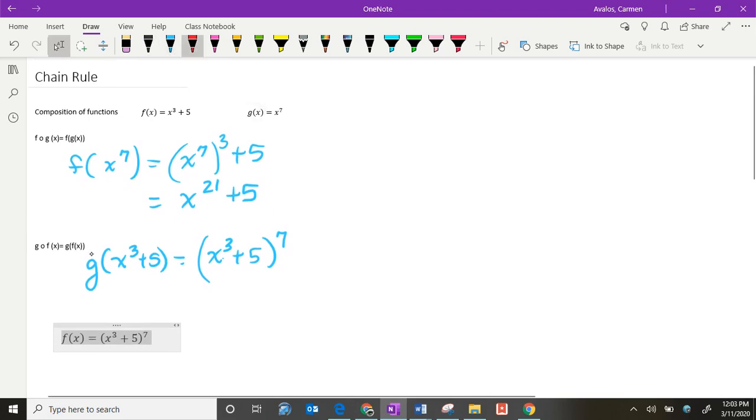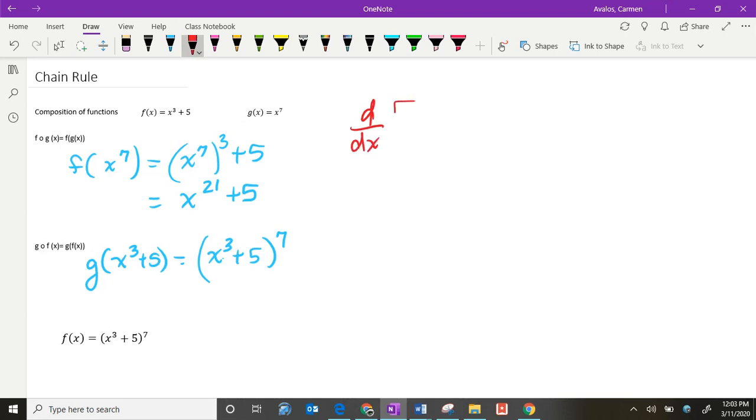So what we have here is we're going to take the derivative of f of g of x. By definition of the chain rule, we are going to take the derivative of the outside function. And the outside function in this case would be f.